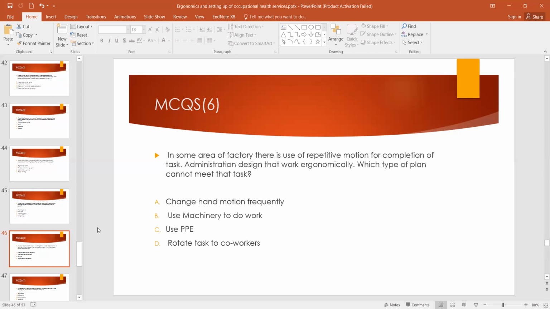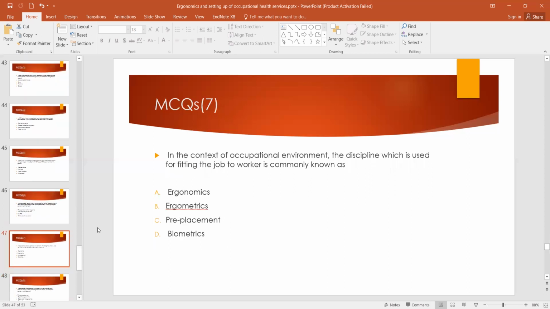C is the right answer: use personal protective equipment.